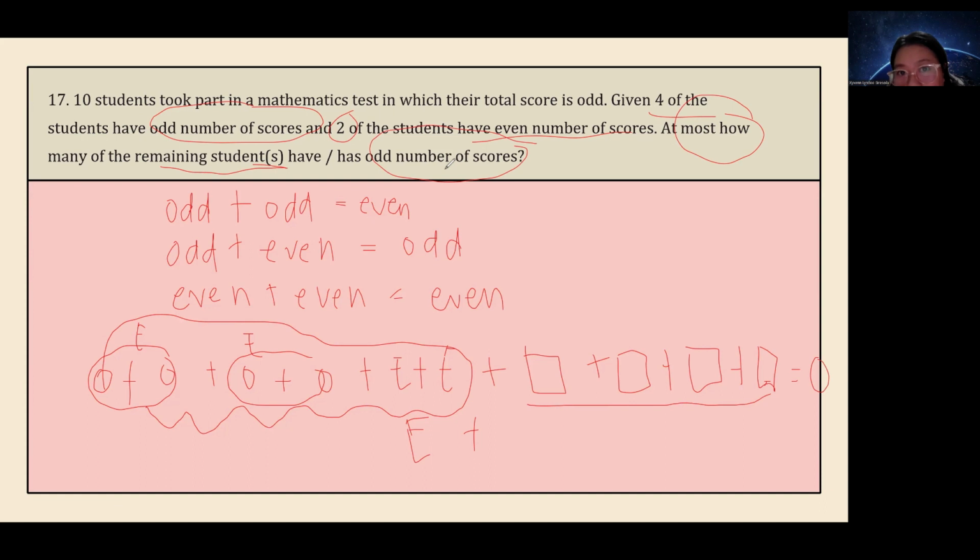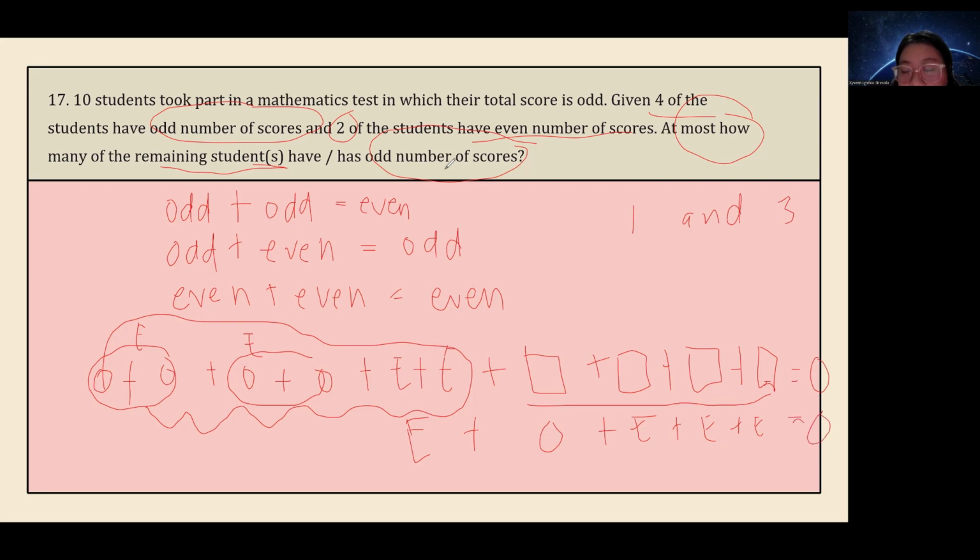So first case is where we will have one odd number or odd score and the rest would be even. Okay? So odd numbers of scores could be 1 and 3.